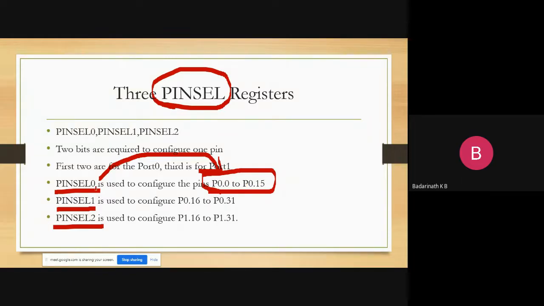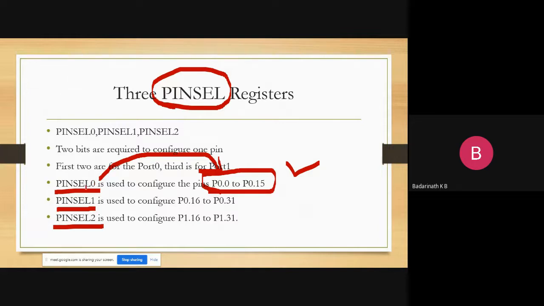Why is one register enough? Because every pin requires 2 bits, so 2 into 16 is 32 bits. So I have finished one. If I am using these pins in my project, I have to configure, in the beginning of my project, the pin selection 0 register.